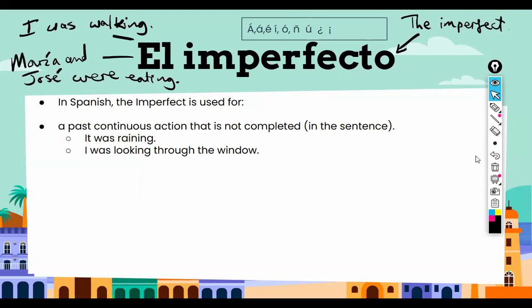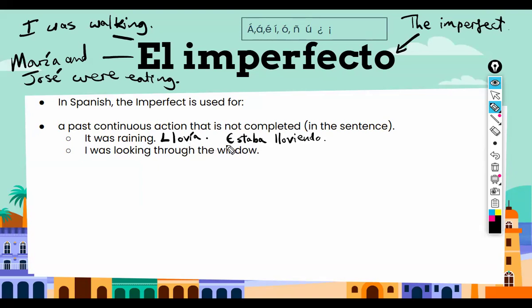We have a few ways we could say it, right? So to rain is llover. So we could write llovía, right? Or we could write estaba lloviendo, right? So in this case, llovía is in the imperfect tense and estaba is in the imperfect tense.